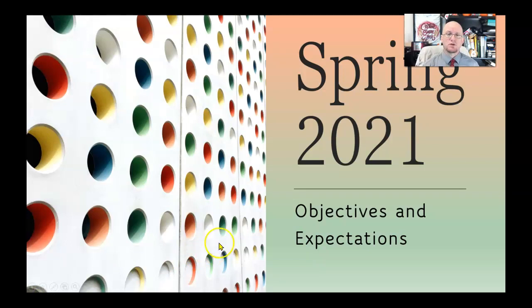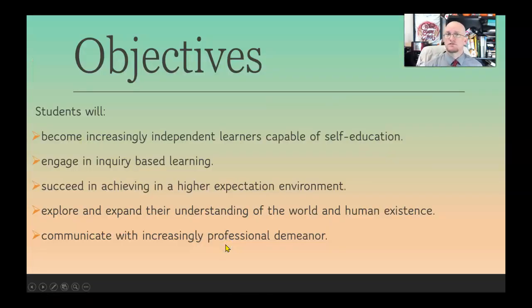So let's move on to objectives of this semester. This semester, my goal is to help you become an increasingly independent learner, capable of self-education. In the adult world, we have to self-educate all the time, in every field. You've also heard the term problem solving.